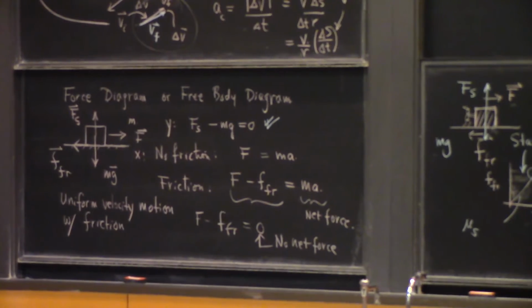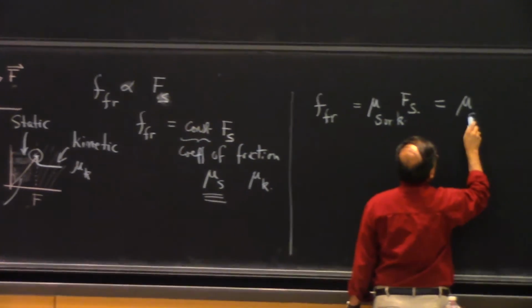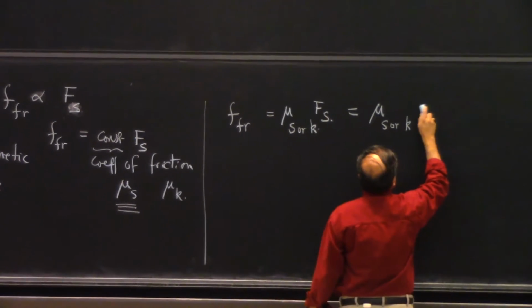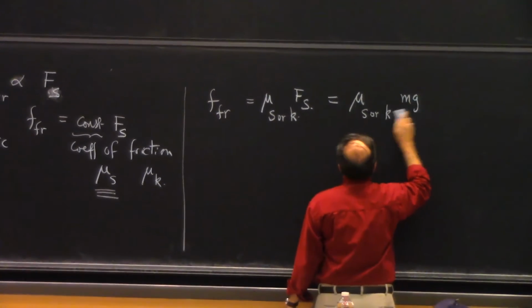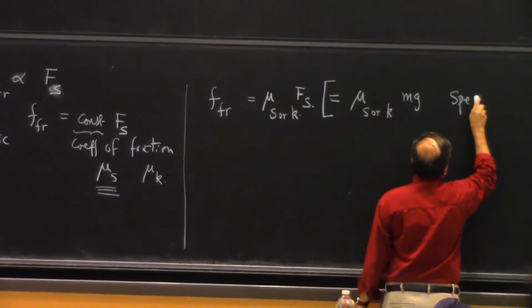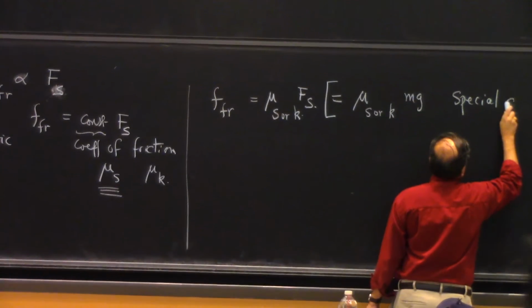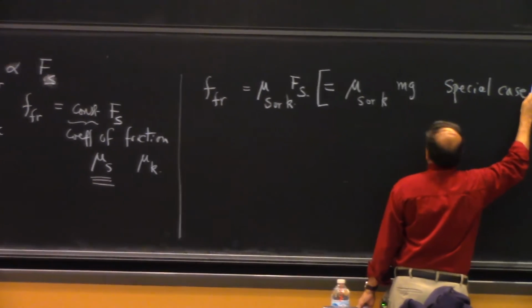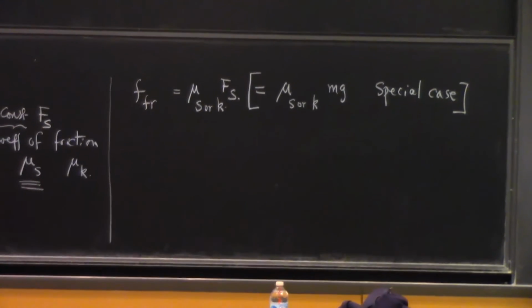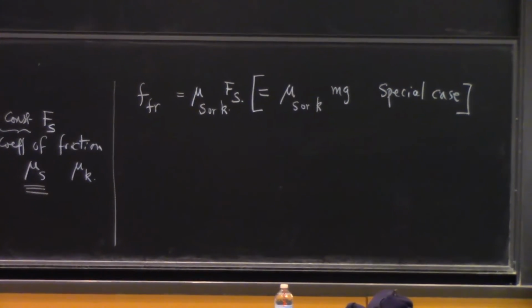So therefore, what you are left with is mu s or k, in this case anyway, mg. But I would caution you that this is a special case. I'll tell you why in a moment. This is a special case.